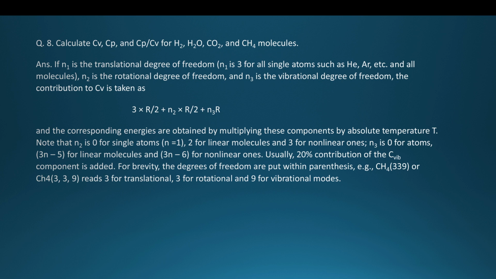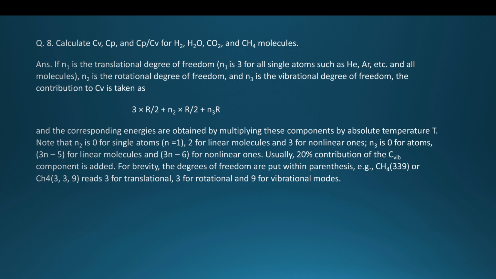Calculate Cv, Cp and Cp by Cv for water, CO2, H2 and CH4 now. In this, what do we have to do? First, we have to decide each degree of freedom: translational, rotational, vibrational. For translational, the contribution to Cv is 1 by 2 R on a molar scale.